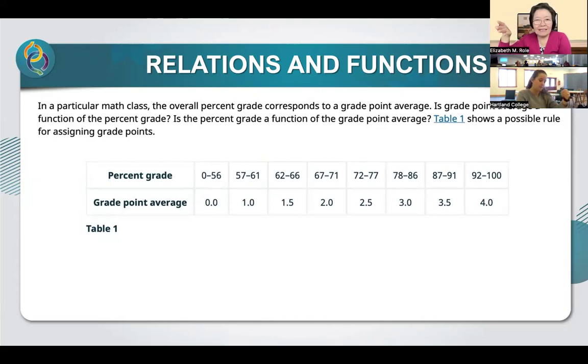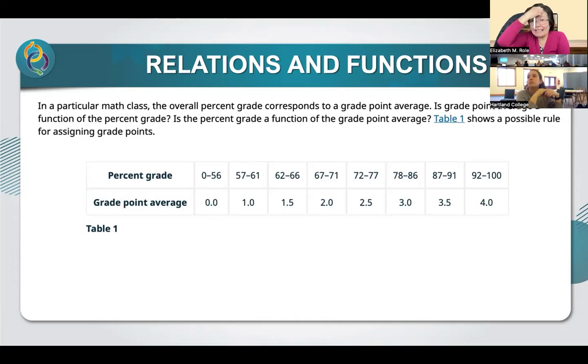So maybe in a certain university or college, if you get a percentage of 0 to 56%, the GPA is 0, which is a failure, F. 57 to 61%, it will be a 1. Whatever that GPA is, it can be a D+, but I'm not sure about how it is done. But the way it is in that class, 62 to 66%, the GPA is 1.5, and so on and so forth. And 92 to 100, which is an A, is a 4.